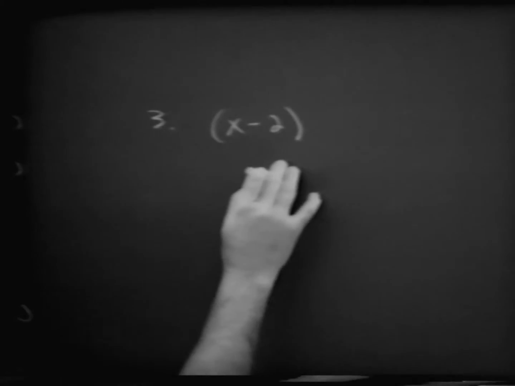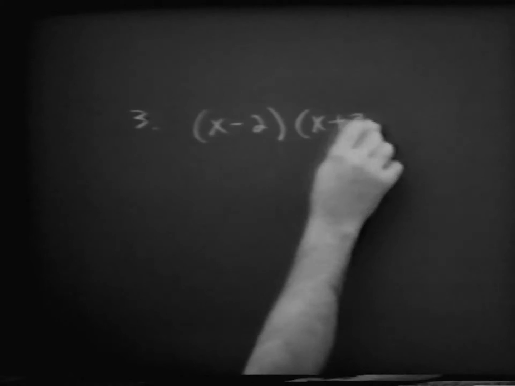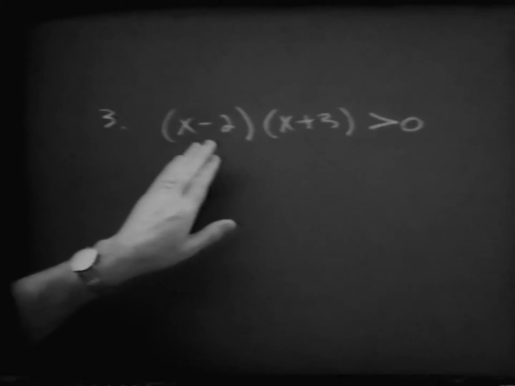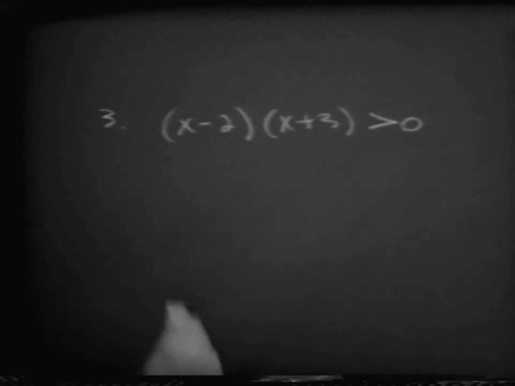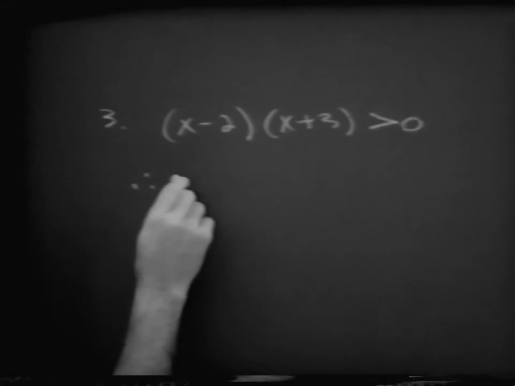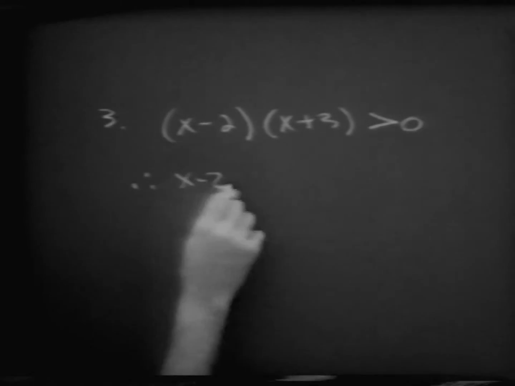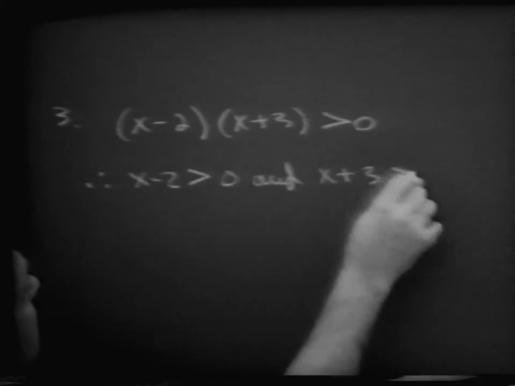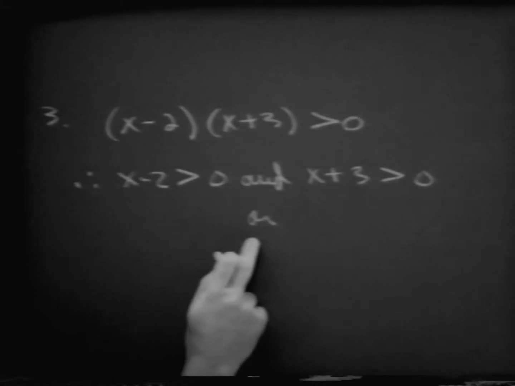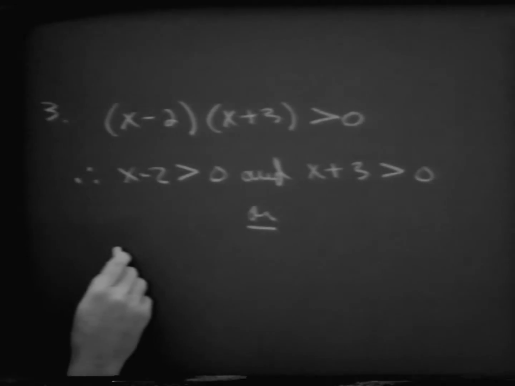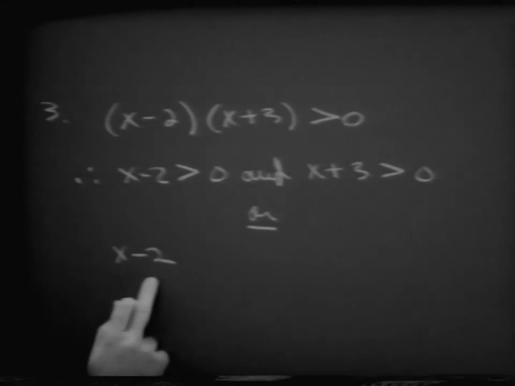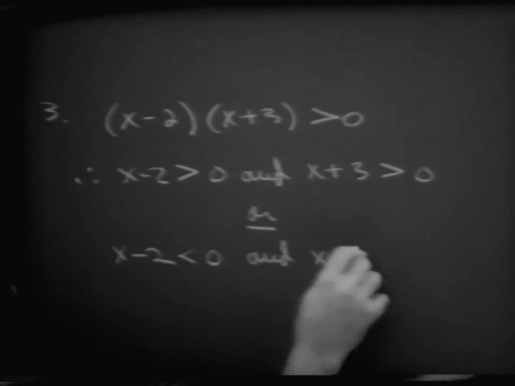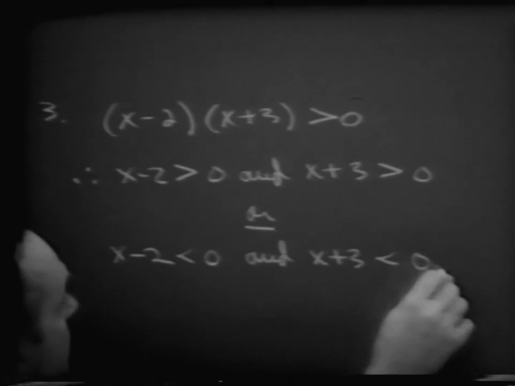Well, suppose we have, say, x minus 2 times x plus 3 is greater than 0, okay? And again, right here, you say to yourself, I have a times b is greater than 0, and then let's simply apply our theorem. Therefore, x minus 2 is greater than 0, and x plus 3 is greater than 0, or, let me indicate it in this fashion, or, what else do we want to say? X minus 2 is less than 0, and x plus 3 is less than 0.